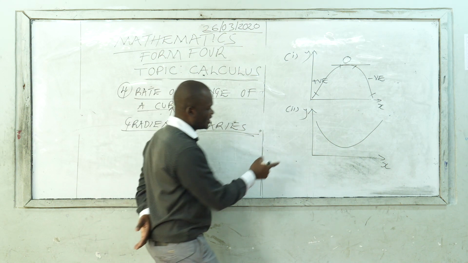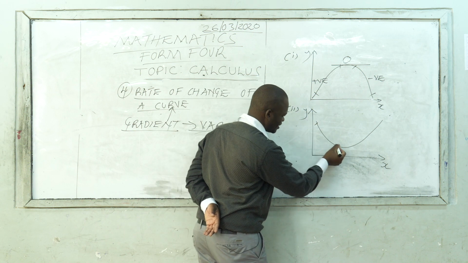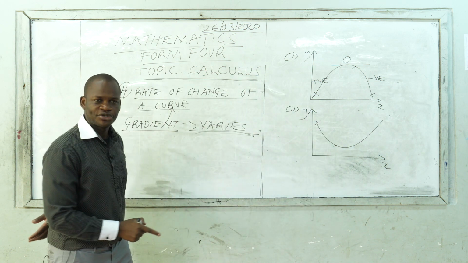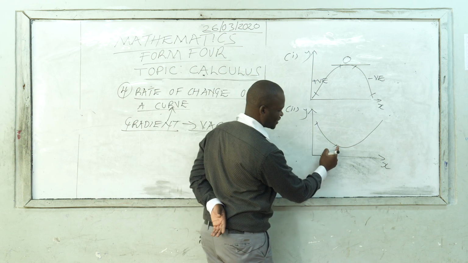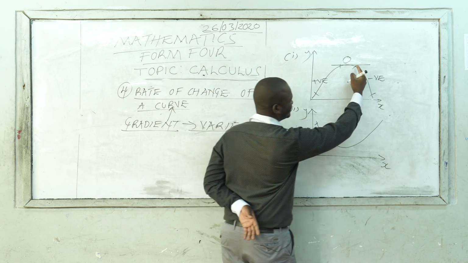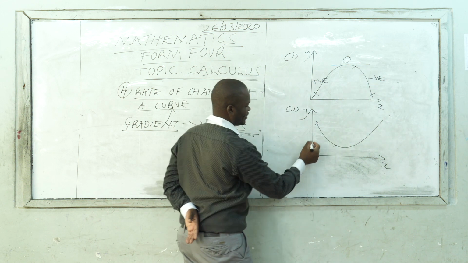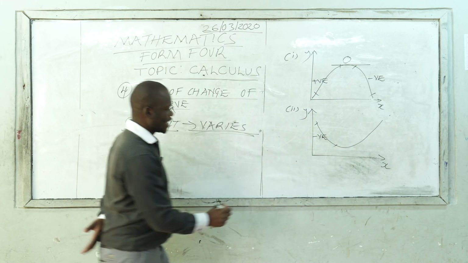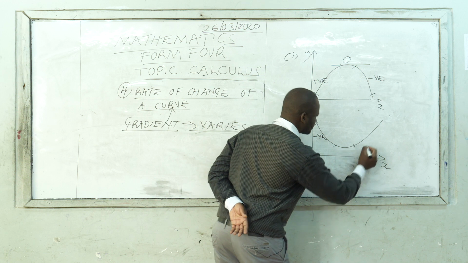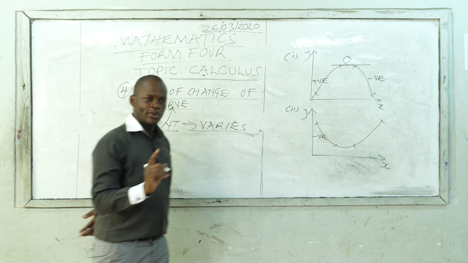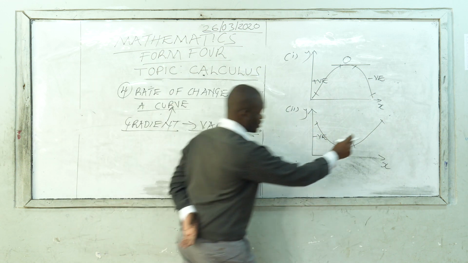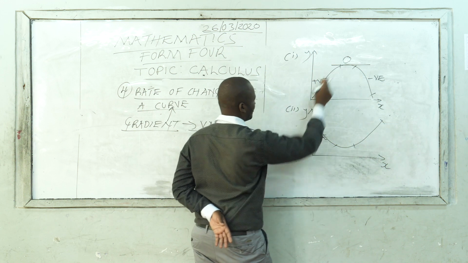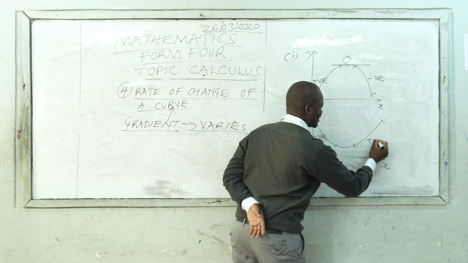If you're very keen, this inclination of the curve between this point and that point is similar to that. What do we have? We have a negative gradient. Now, between that point and that point, what is the inclination like? Of course, similar to what I'm having here, implying that is what?